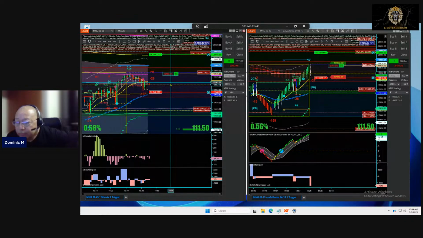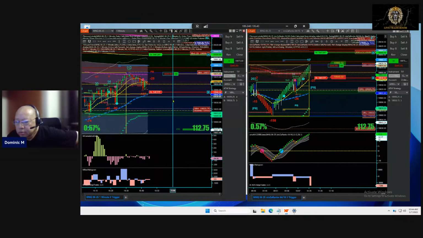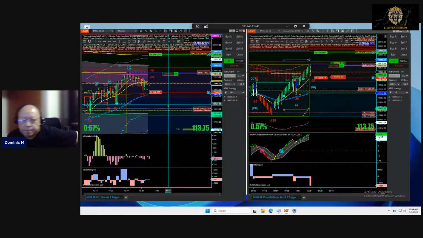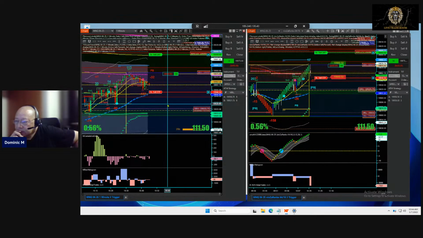Now we close back below the 21 EMA. So you can get a push up here.